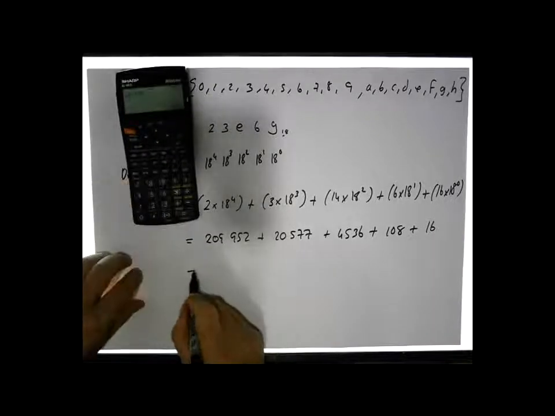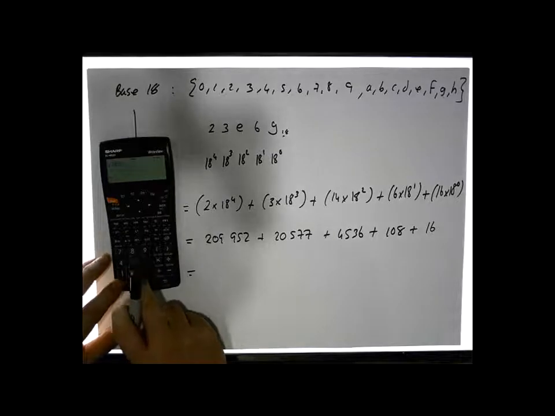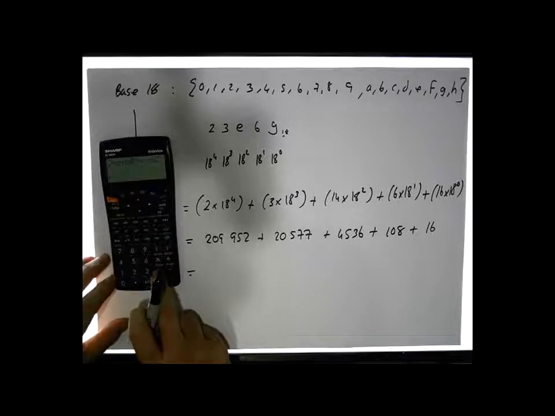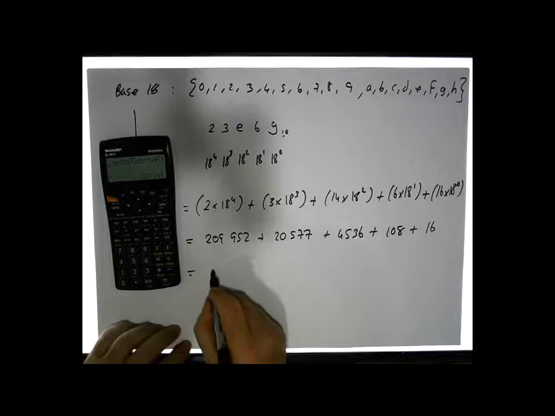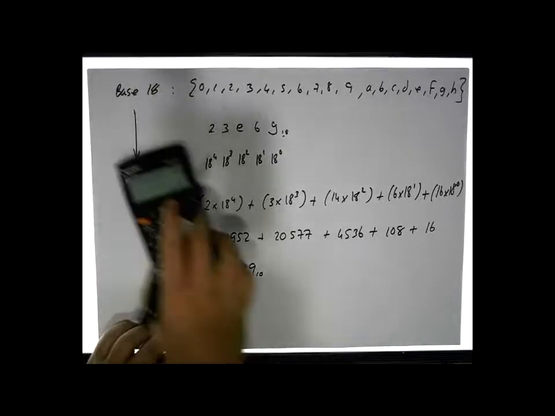What do we end up with? We end up with a nice number. It's 209952 plus 20577 plus 4536 plus 108 plus 16 gives us the number 245,189 in base 10. Okay.